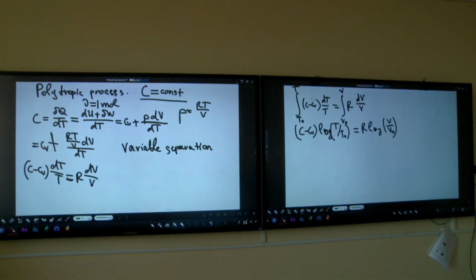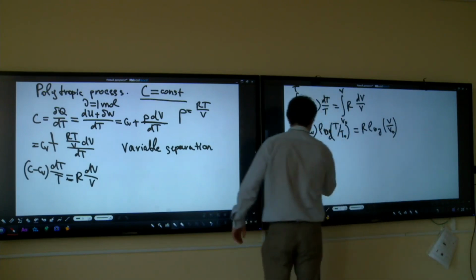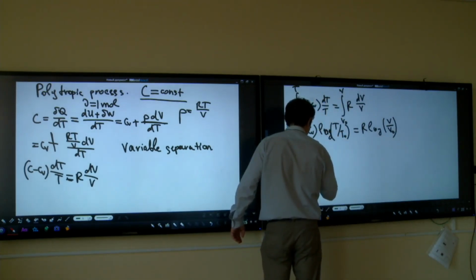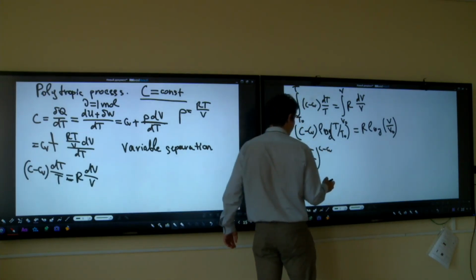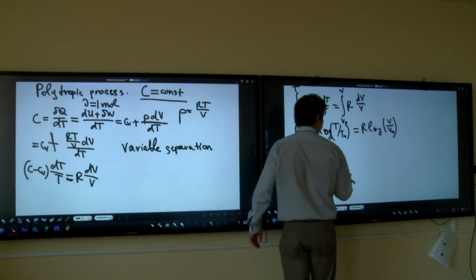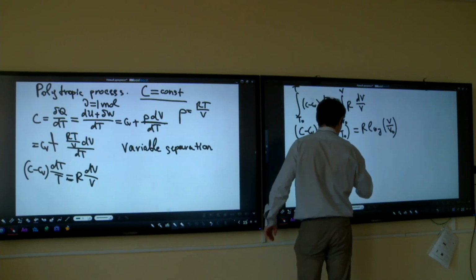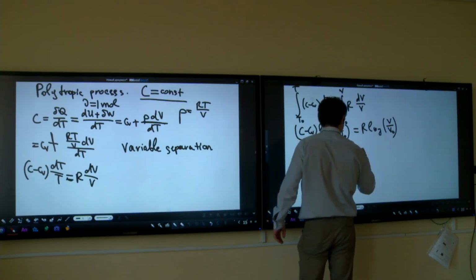Now I need to calculate the exponential of this. T over T0 to the power C minus Cv equals V over V0 to the power R.